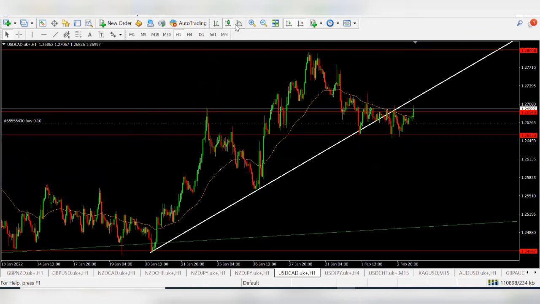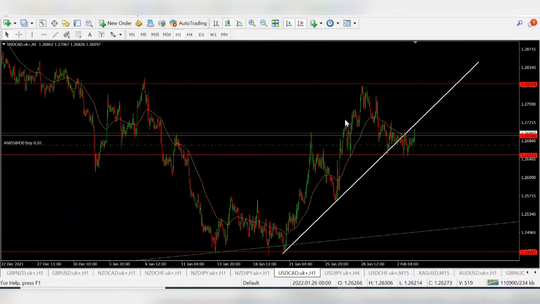Again, the market was trending upward, and it failed to break. We have how many touches on that zone? 1, 2, 3, 4. And it's still struggling to break.